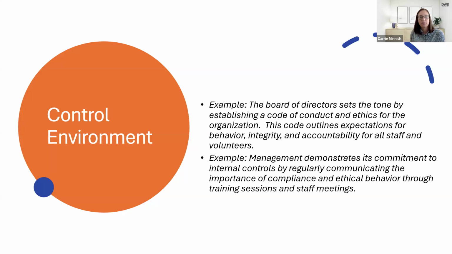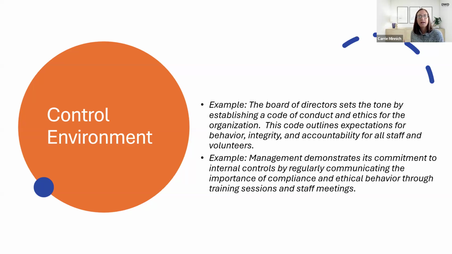The first is the control environment, and I have some examples on the screen of each one of these that you could implement within your organization. But the control environment is really about setting the tone at the top. It involves creating a culture where everyone understands the importance of internal controls and compliance. Think of it as creating an environment where everyone knows what's expected and follows the rules.